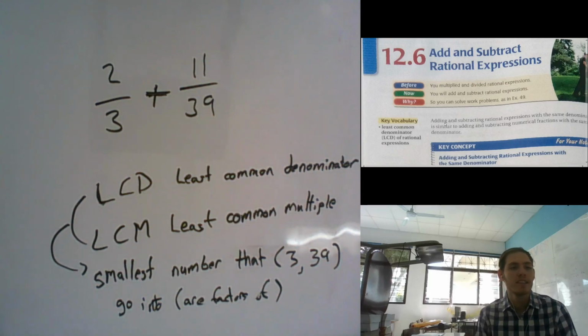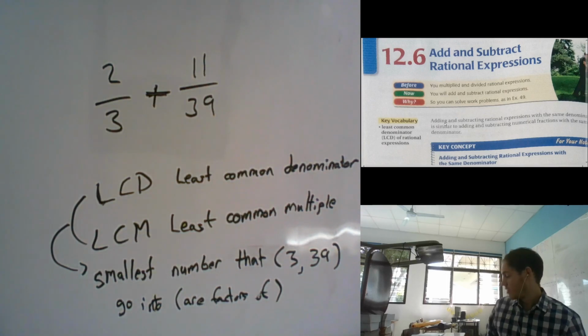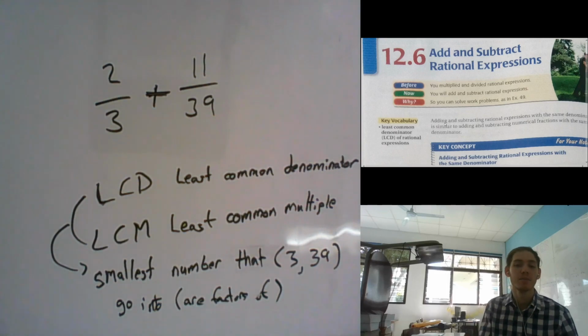So the idea is the least common denominator is the smallest number 3 and 39 go into. Greatest common multiple, no, it's greatest common divisor, not greatest common multiple. Greatest common multiple would be like, say, what's the biggest number 3 and 39 go into? That's huge. So least means smallest. So smallest possible number both numbers go into.